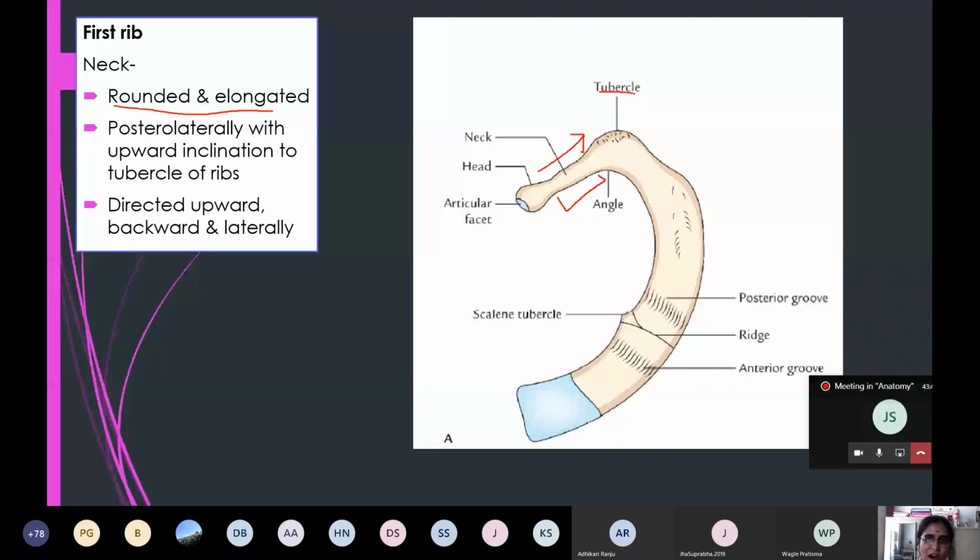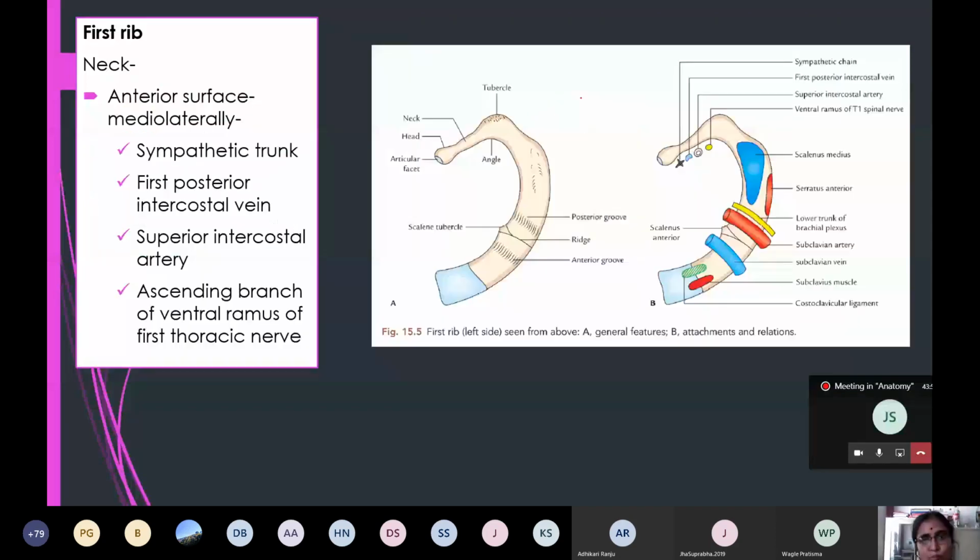Now the relation is very important in the exam, the spotter exam, in the 3 marks or 5 marks question. Most of the time we ask this in the university exam. Identify the marked area of the bone, that is the neck of the first rib. Mention the anterior relation in order.